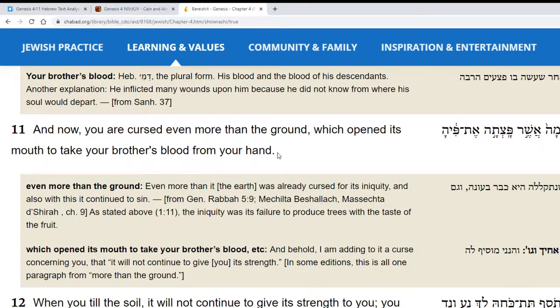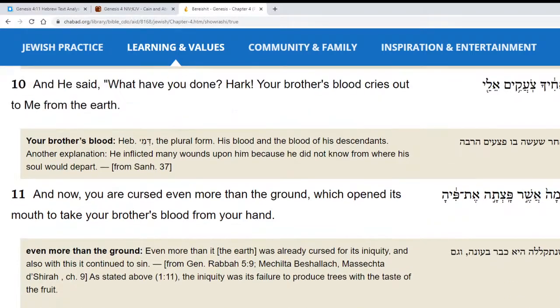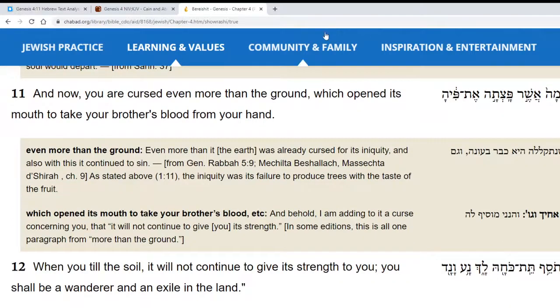So yeah, they're translating it that way. It's not that the ground is cursing you; it's that the ground is cursed, and you are even more cursed. Yeah, Rashi previously spoke about the ground being cursed. Okay, you can go and look there if you want.